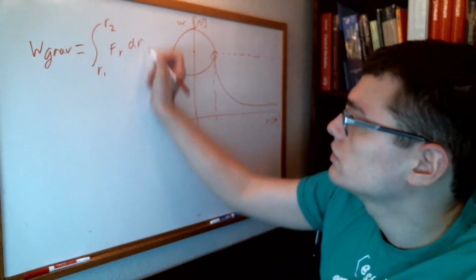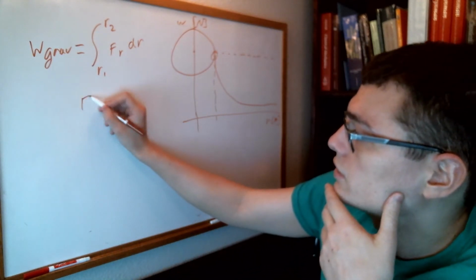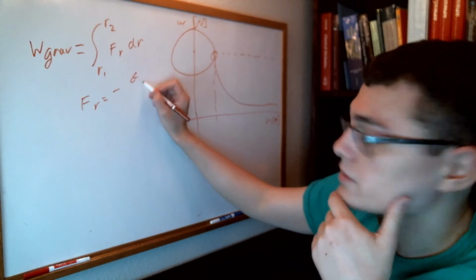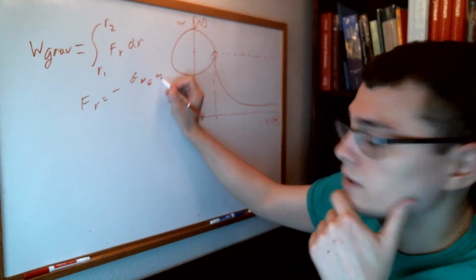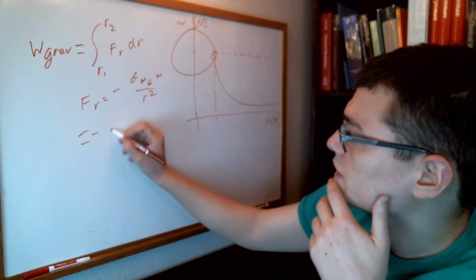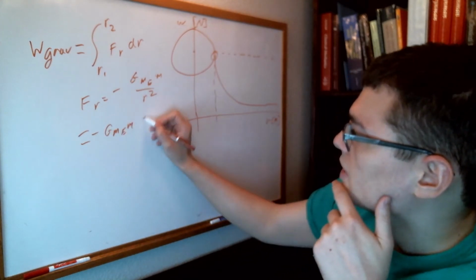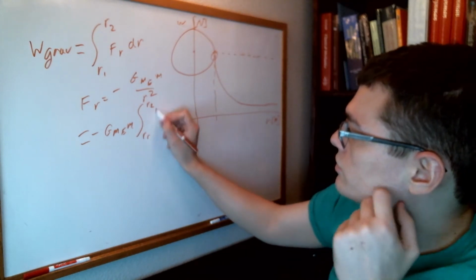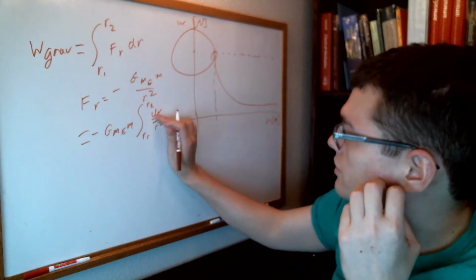of F_r dr. And so then in this case, we're going to have that F_r is going to be equal to our force due to gravity, and this is going to be negative G M_E m over r squared. And so then this is going to be equal to negative G M_E m times the integral from R1 to R2 of dr over r squared.